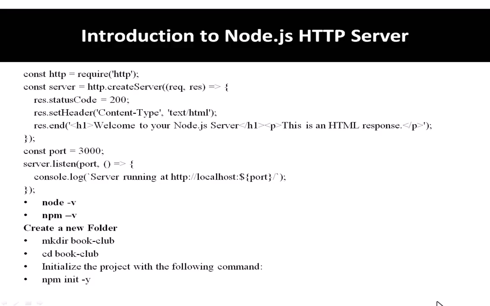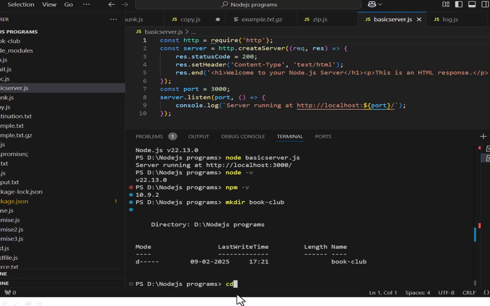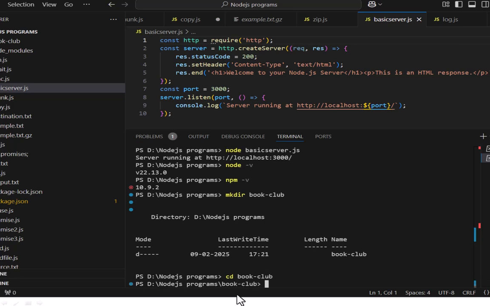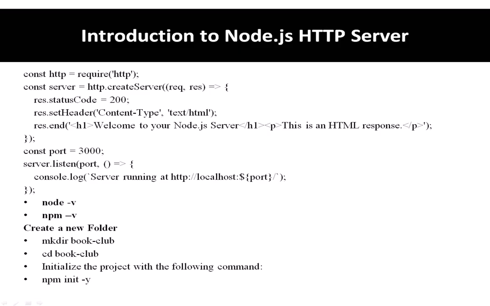The name of the directory is book club, and we need to switch to it. We use cd book-club. Cd stands for change directory. Now we have changed the folder successfully. Next we are going to run npm init -y to initialize the project.